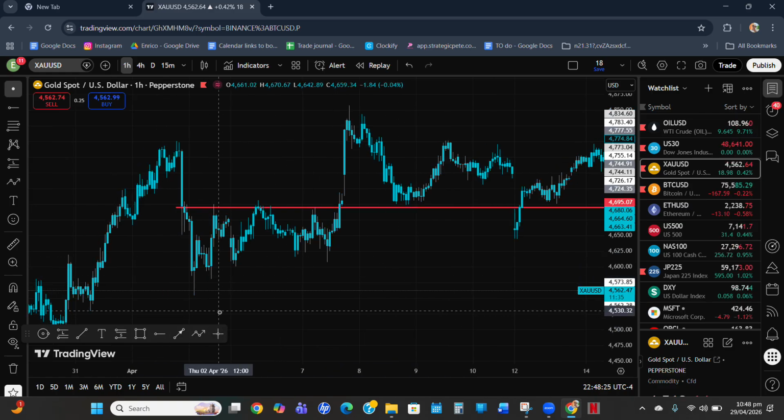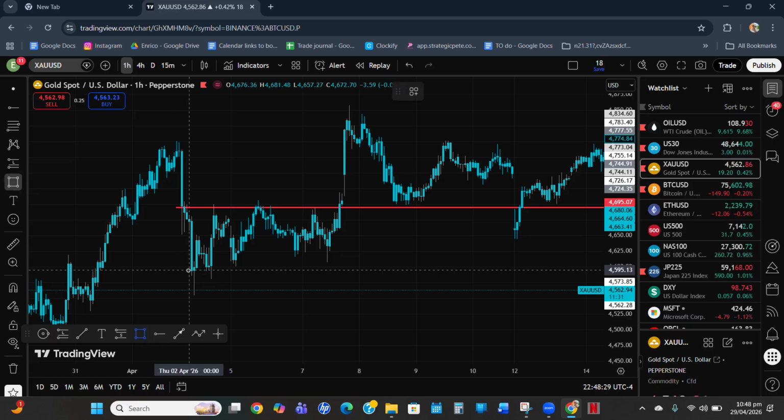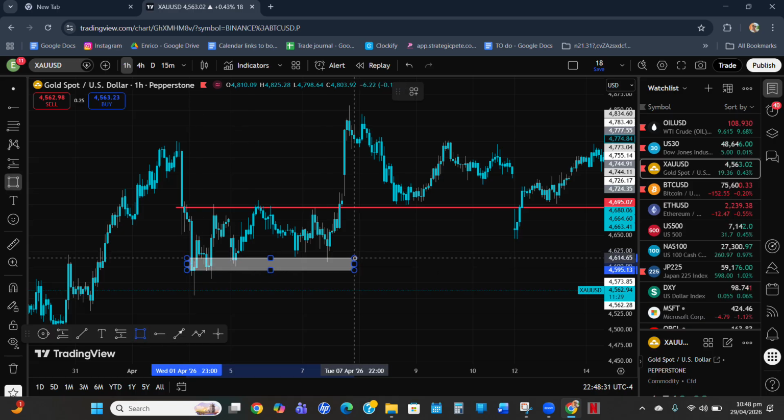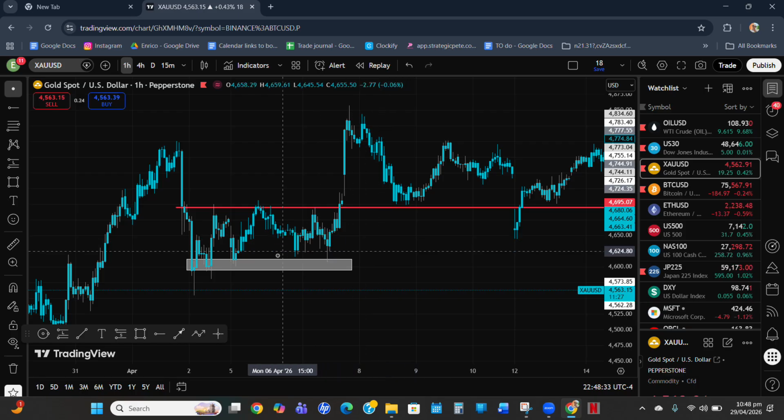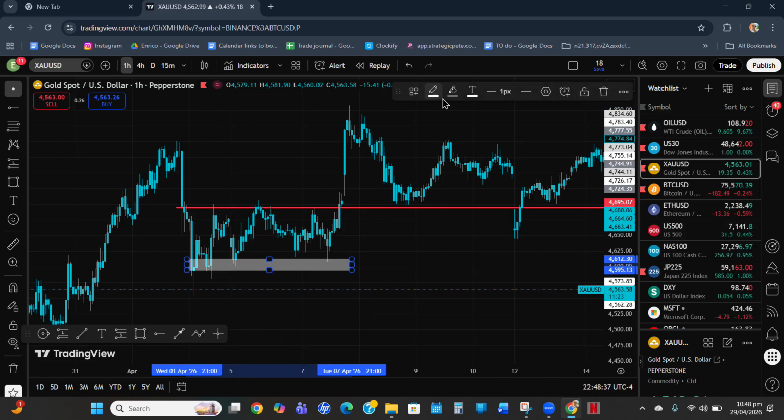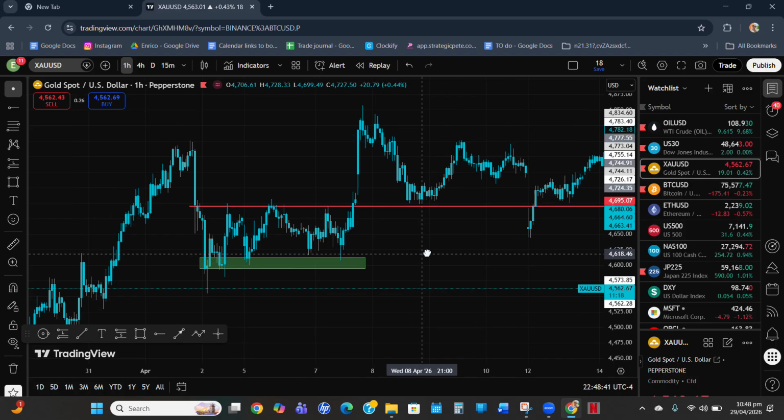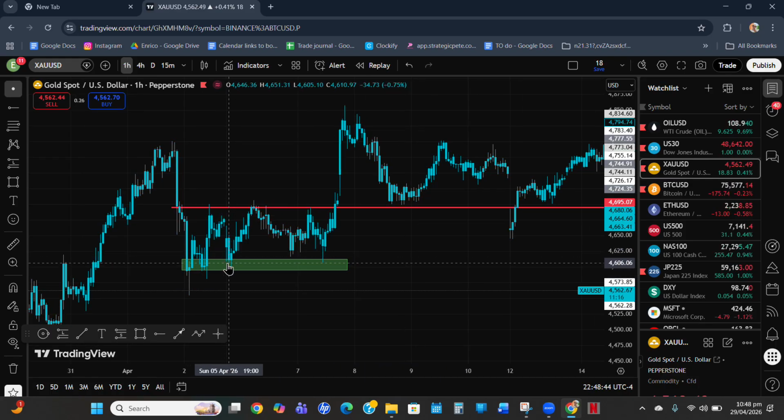We had there was a resistance. It's gonna make this a zone instead. So this is our support, right?